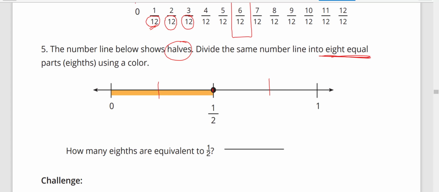Here we have 4 equal parts. Then divide each part into 2 equal parts as we can. Now we can label the number line. Here 0 over 8, and here 1 over 8, 2 over 8, 3 over 8, 4 over 8.